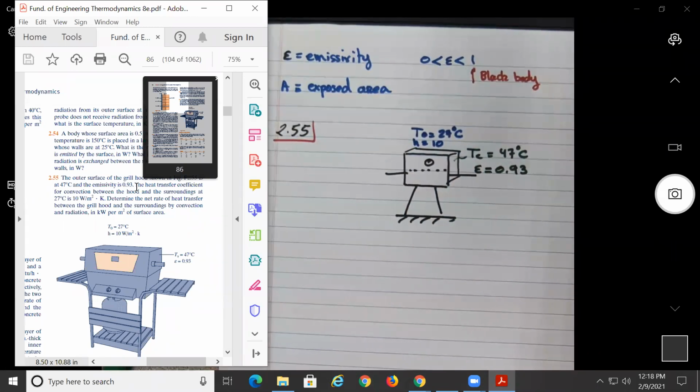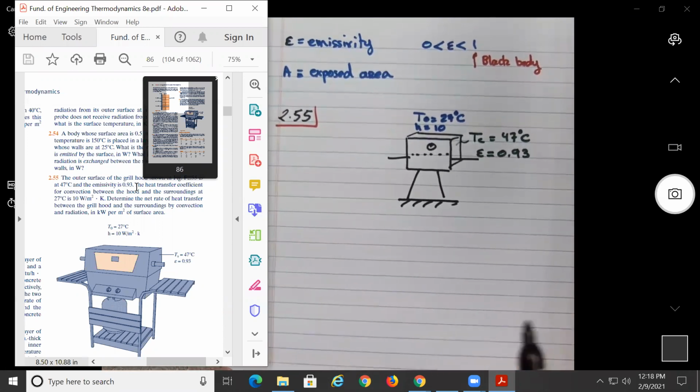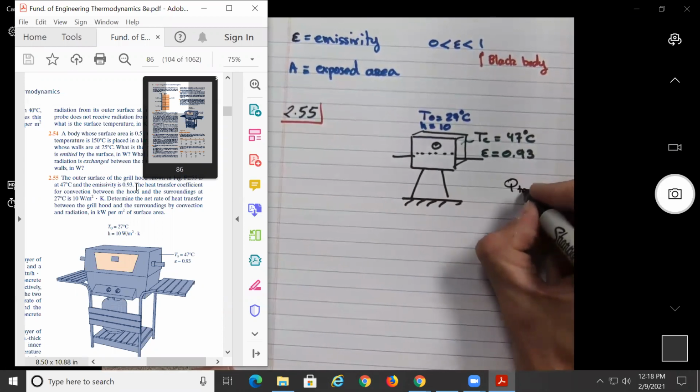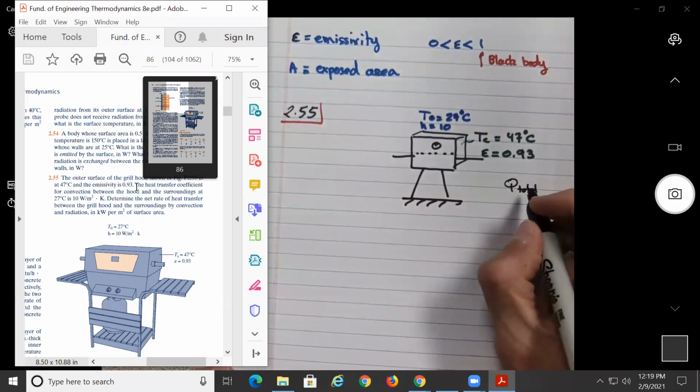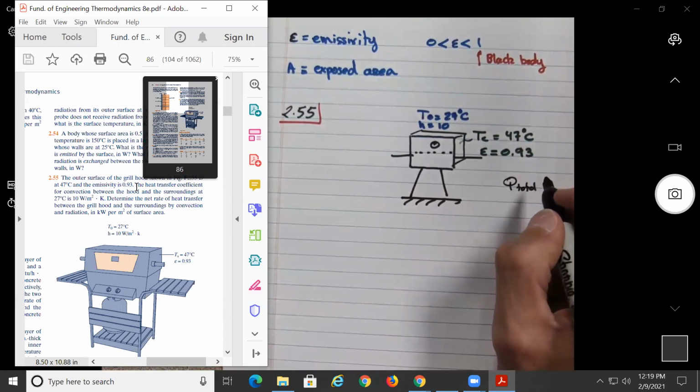And basically they ask you what is the total heat transfer. So how much heat is this grill going to lose? We need to find Q total, and I think they say per unit meter square.